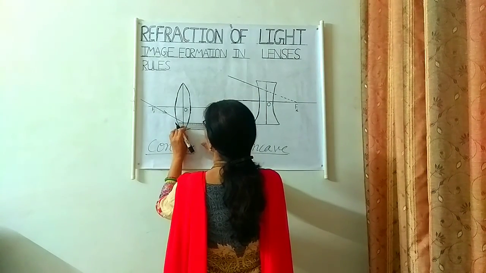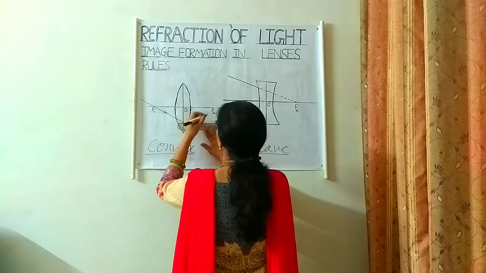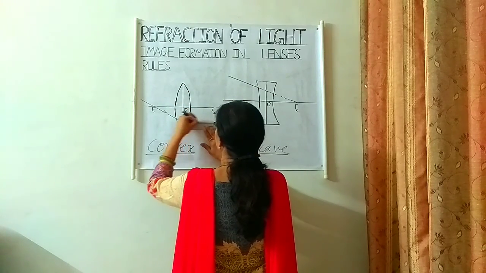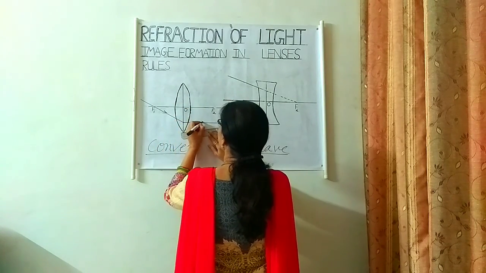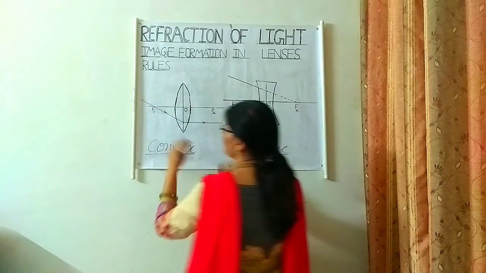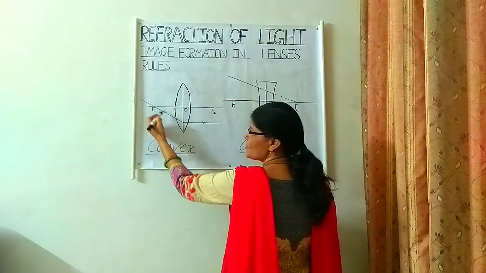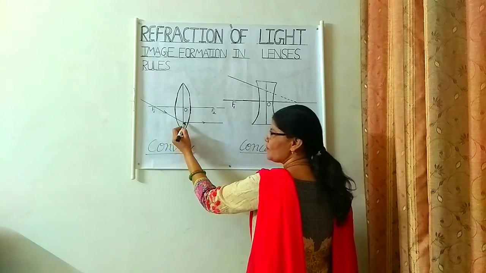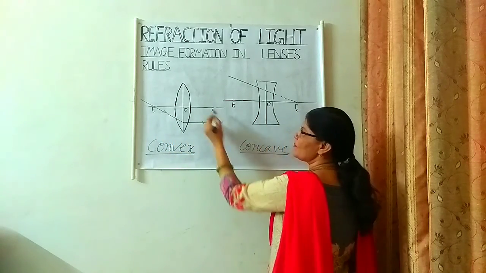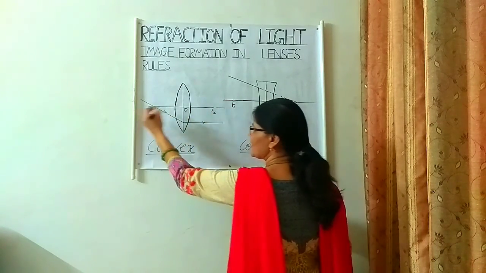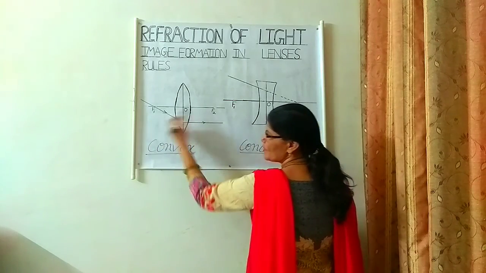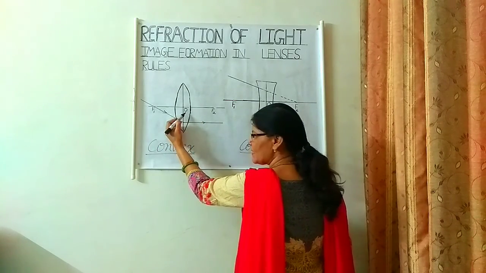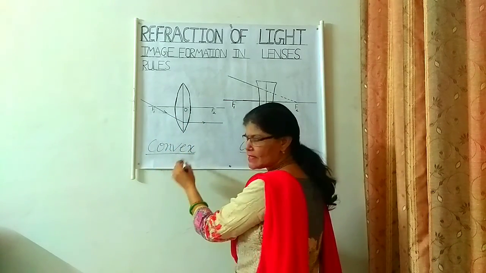This is just the opposite of the first rule. This is our principal axis. These are our 2 principal focus, and this is our optical center in the case of convex lens.